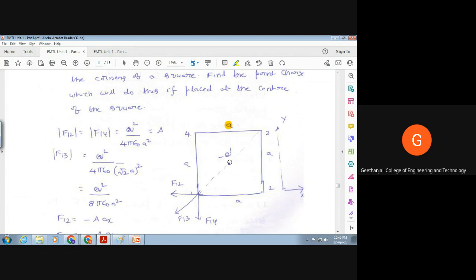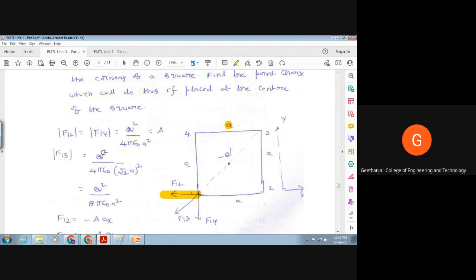So for that, if you find out the force experienced by any charge, for example, let us consider the point charge placed at corner 1. The charge placed at corner 2 will try to repel this with a force of F12.